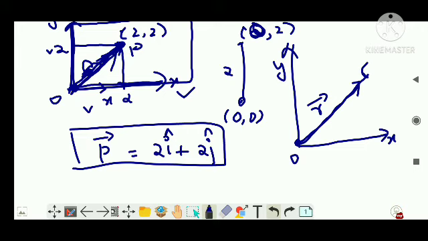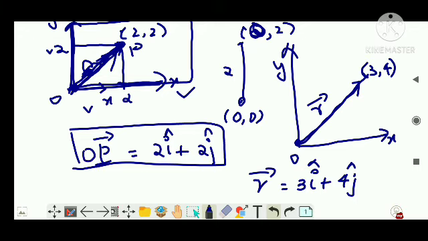If the point here is 3 and 4, then I will write r vector is equal to 3i cap plus 4j cap, right? Then this OP vector here is also a position vector, which is 2i plus 3j vector. I hope it is clear.